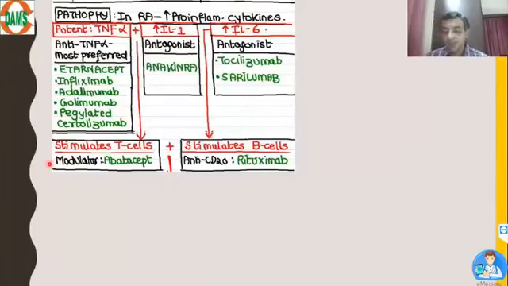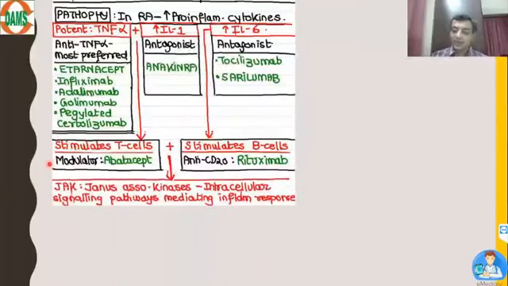Rituximab is approved for the treatment of RA. Please remember, in SLE we also wrote belimumab, but belimumab is not for RA. It is only for SLE.